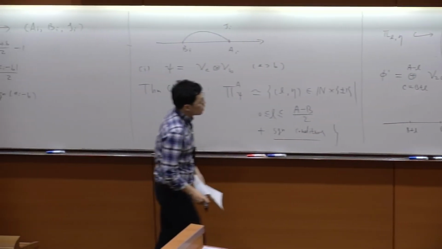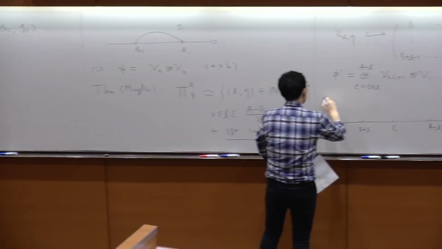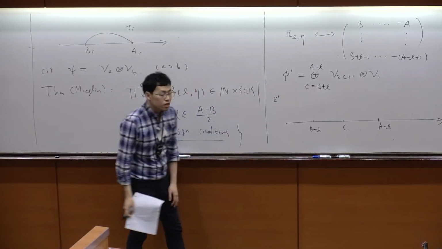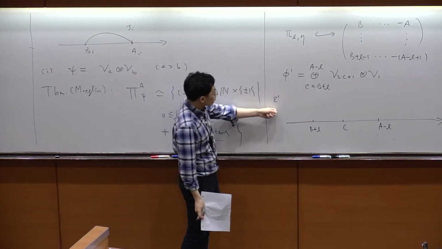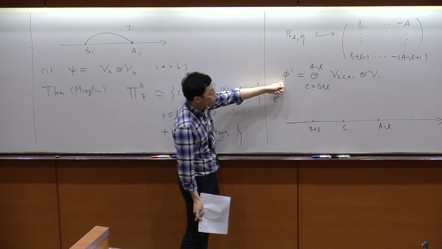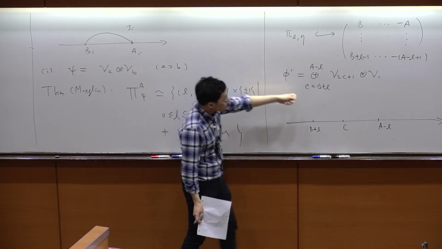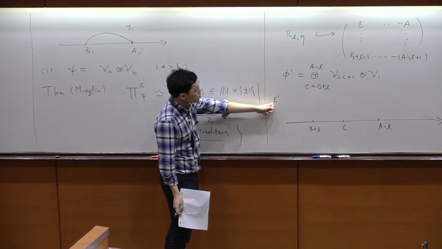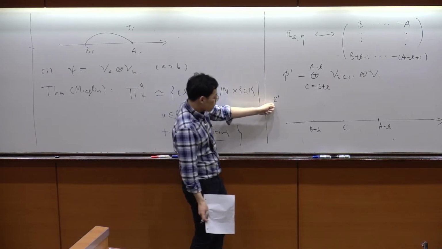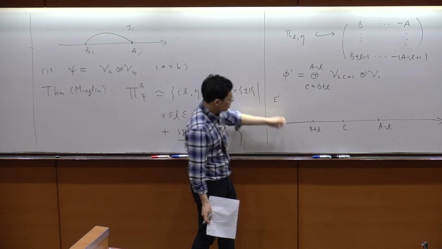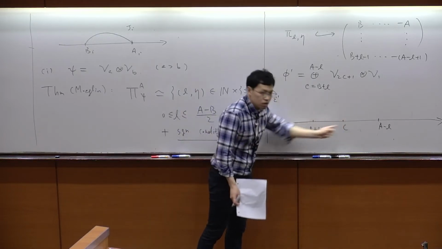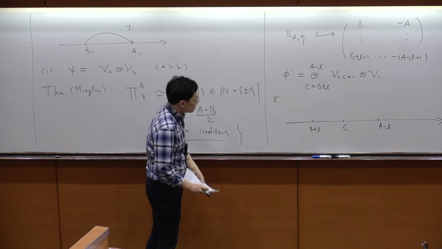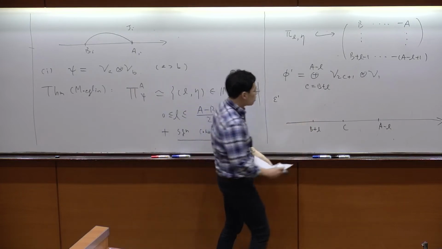And what about this epsilon prime? Okay. So that's supposed to be the character of the centralizer of this phi prime. And since we decompose phi prime in this way, this epsilon prime actually can be described as assigning a plus or minus for all these integers in this interval. Okay? So at the first integer, b plus L, we're going to assign eta.